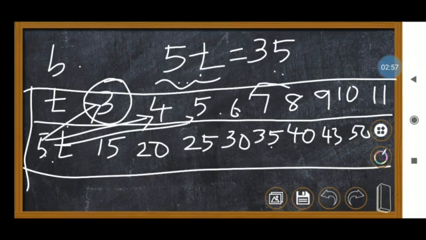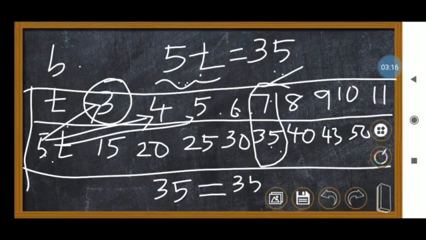So that means this value only. If you put the value 7 instead of t, this equation will be satisfied. Am I right, students? So 5 into 7 is 35. Left hand side is 35 and right hand side is also 35, which means both are equal.